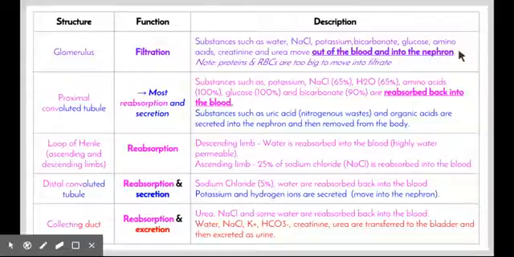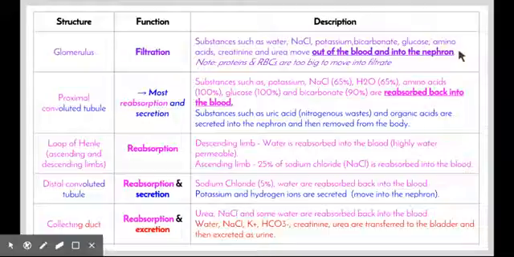The loop of Henle, where we have the ascending and descending limbs, is where reabsorption takes place, but remember the descending limb is involved in water reabsorption, and the ascending limb is involved in salt reabsorption. So 25% of the sodium chloride is reabsorbed into the blood via the ascending limb of the loop of Henle.